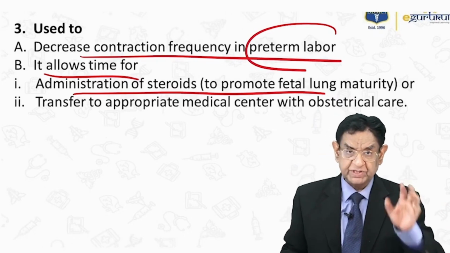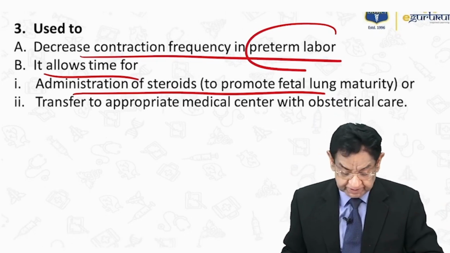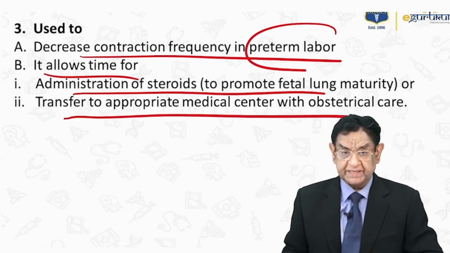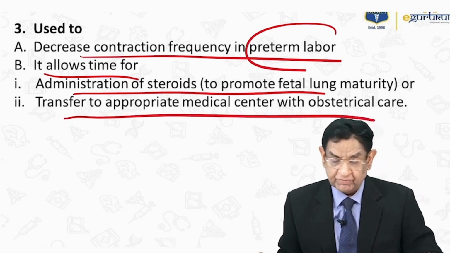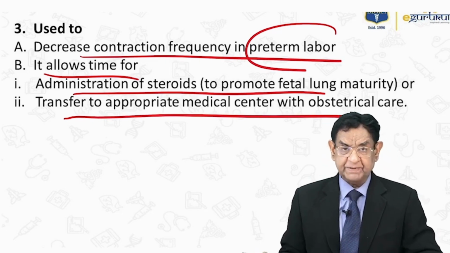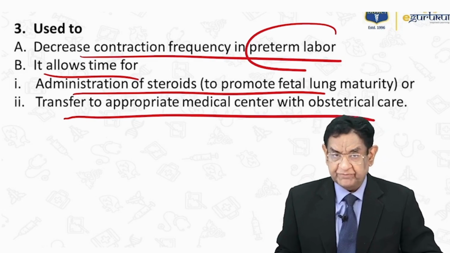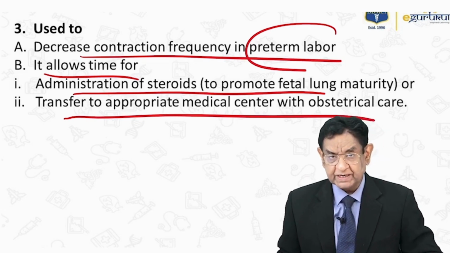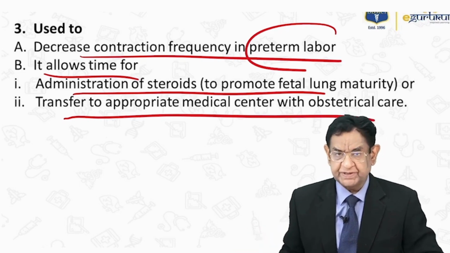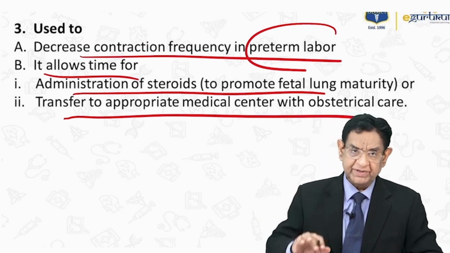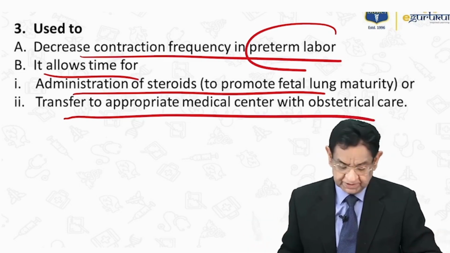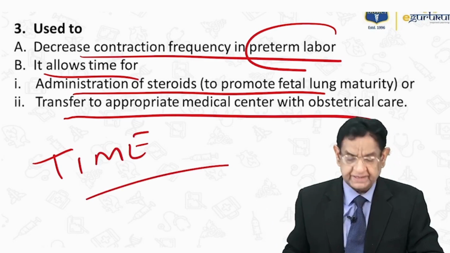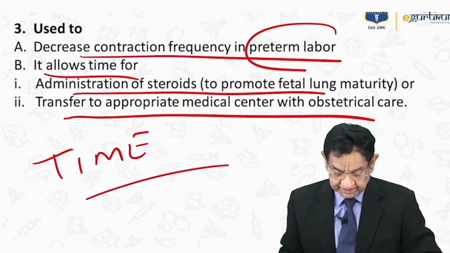When we give steroid, it's going to promote fetal lung maturity, and to transfer to an appropriate medical center with obstetric care. Suppose the patient with preterm labor is in a small setup where we don't have adequate arrangement for fetal newborn care, then she should be shifted to a higher center. When we use these drugs, they give us time to take the right action at the right time.